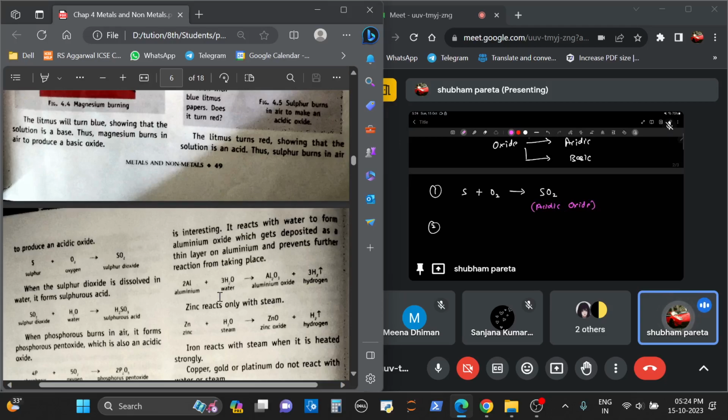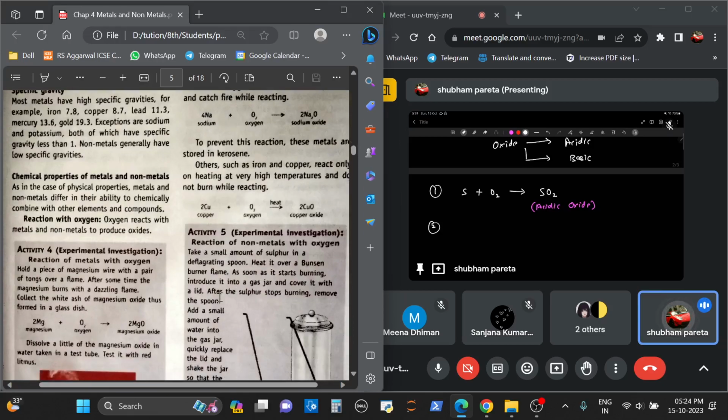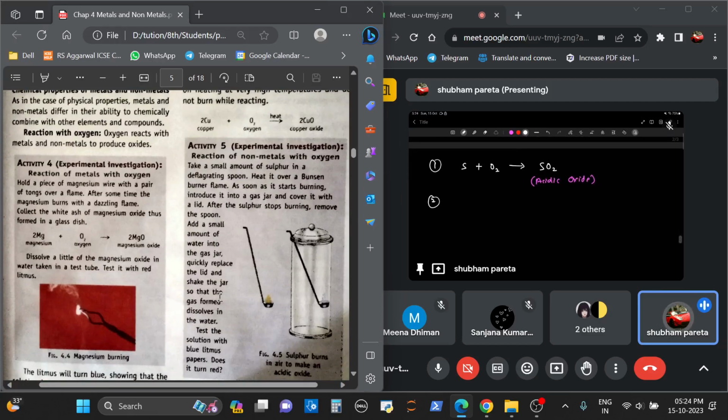But if I talk about the basic oxide, it is for magnesium over here. Magnesium oxide is Mg plus O2, and it gives us MgO. So this is the basic oxide in nature. That means when you touch it with your hands, you get an itching in your hands and your skin when you have these types of acidic oxides.